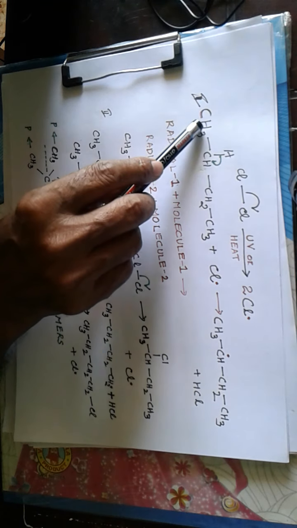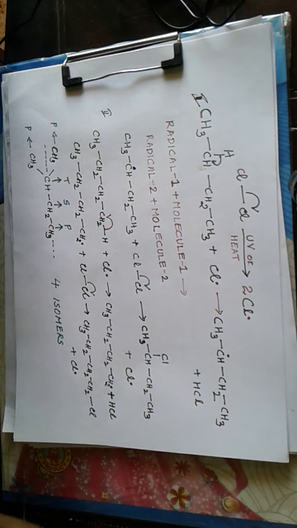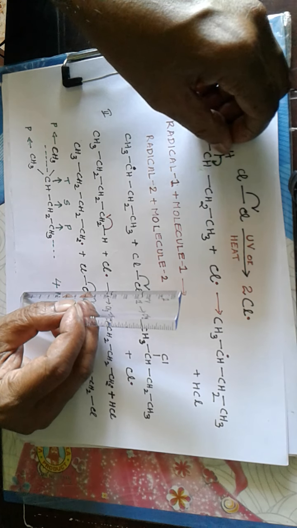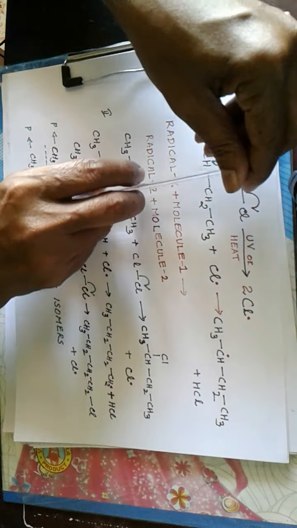Now coming to free radical chlorination, we take the example of butane. Now one speciality with butane is that this is a CH2 group. For showing the reaction, I am writing this CH as C-H bond, but this is a CH2. Now place a mirror here.